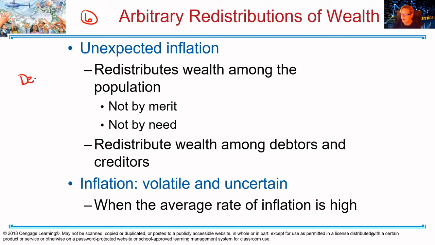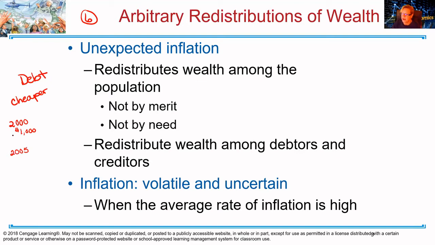And they win because they pay back their debt with cheaper dollars that don't buy as much as they did when they borrowed them. For example, in 2000, let's say you borrowed $1,000. That was worth $1,000 in 2000. Now, let's say in 2005, you want to pay that $1,000 back.